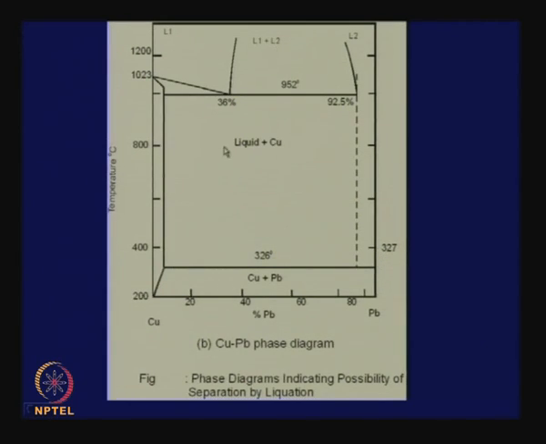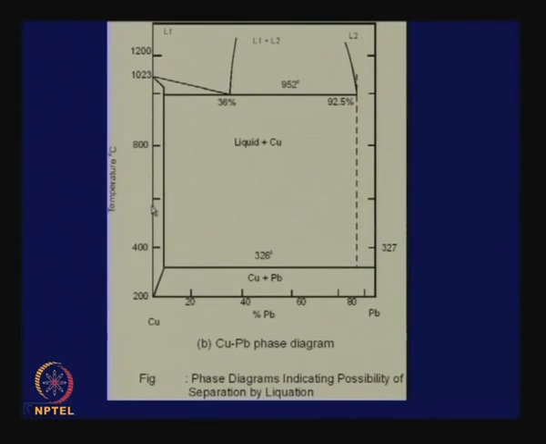That liquid layer will be mostly lead, it may have a small amount of copper, but we can effectively separate copper and lead simply by using this simple process. Such processes are called liquation. The word liquation means you take out part of the alloy by liquefying. So, it is called liquation.